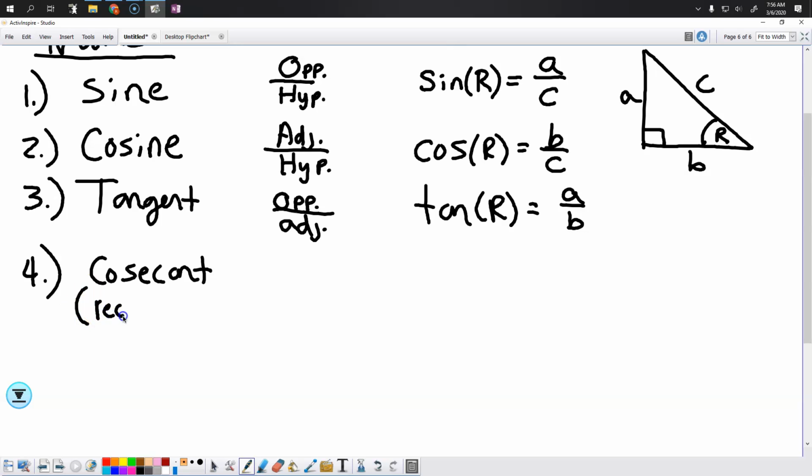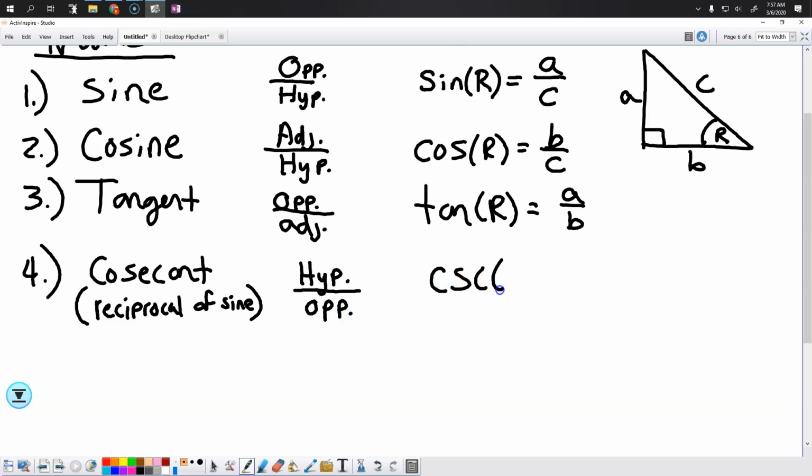It's the reciprocal of sine. So, sine was opposite over hypotenuse. So what's cosecant? Yep. And here's how you write cosecant. You put CSC, that's cosecant, then your reference angle, and hypotenuse over opposite would be the same thing as sine, just flipped over. Instead of A over C, it's C over A.